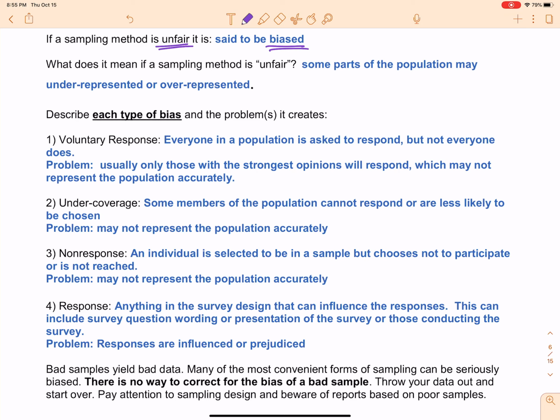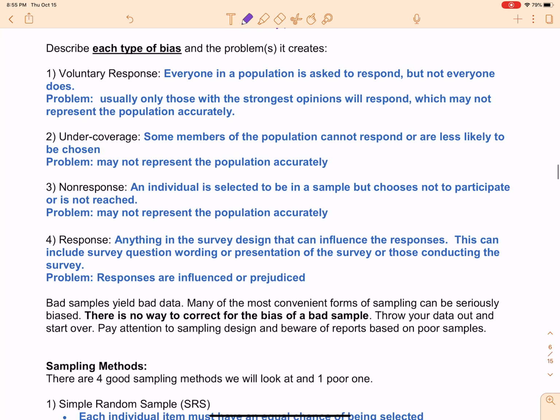Well, it's not, because it's an AP statistics class, all right? And it's a small class. And it's just not going to be representative. So that would be a biased or unfair representation of Colleyville Heritage High School. All right, so let's explore each type of bias and the problem that they create. And I'm going to give you some examples about this here in just a minute.